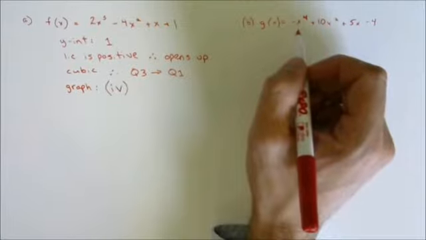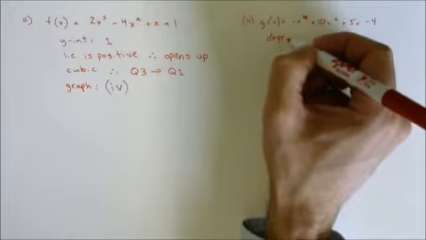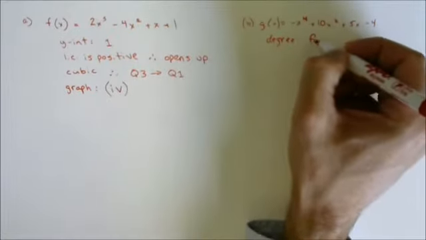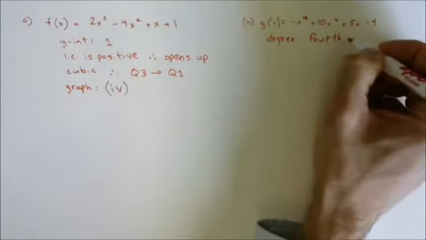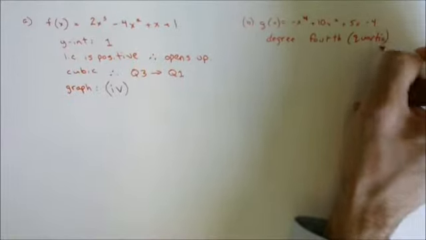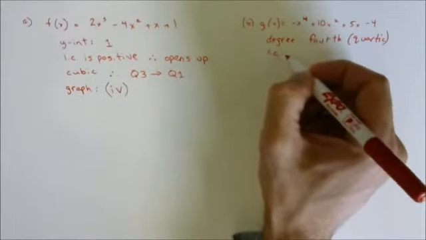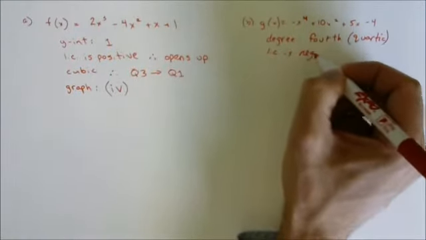I was looking at B, I was looking at C. Yep. B, okay, so degree 4th, that makes sense. If it's negative and even, quartic, it opens down, and it's negative, okay, leading coefficient is negative.